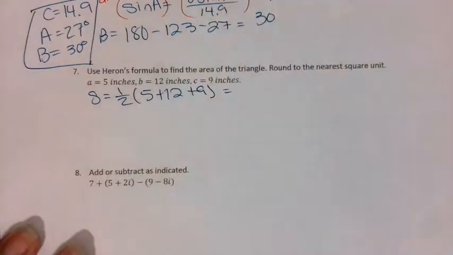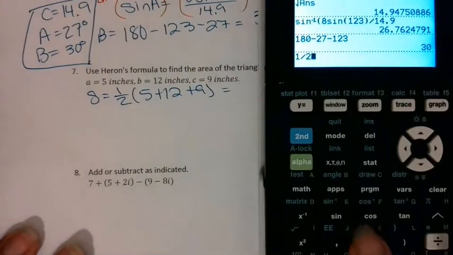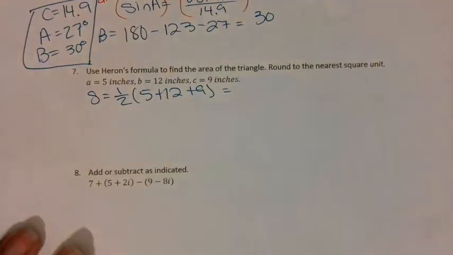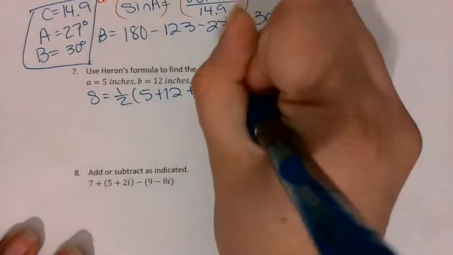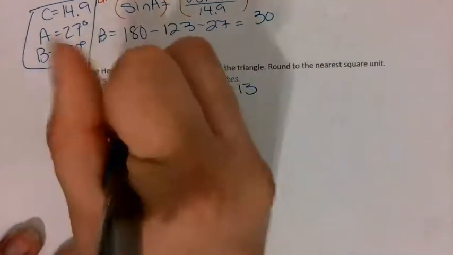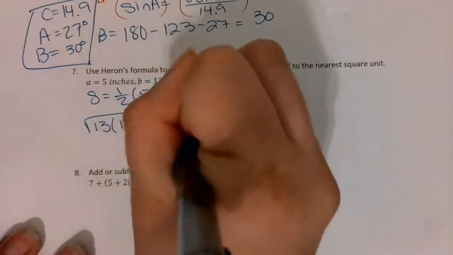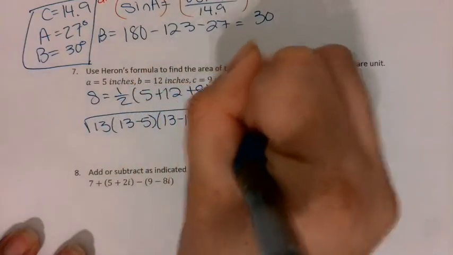I have 1/2 times 5 plus 12 plus 9. I want to type this into the calculator, which gives me 13. And then I plug this into the formula. I have 13 times 13 minus 5 times 13 minus 12 times 13 minus 9.